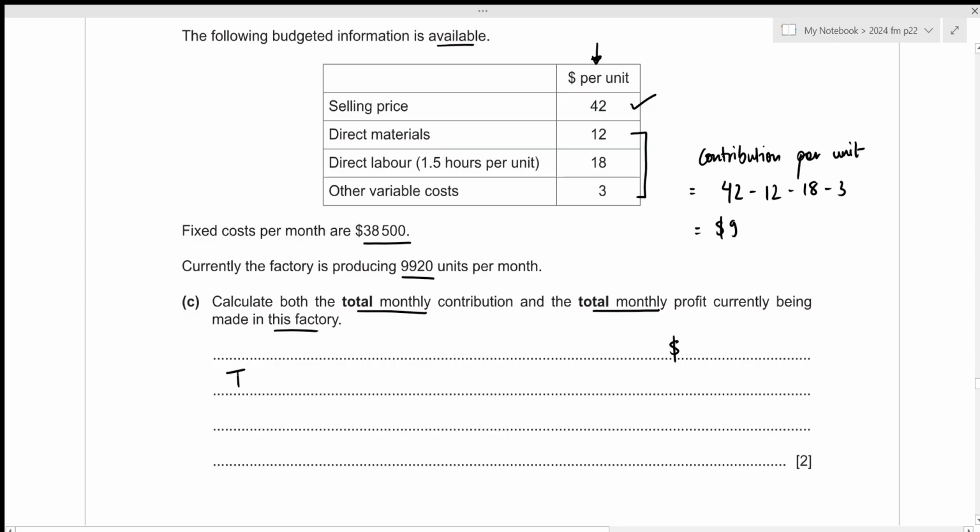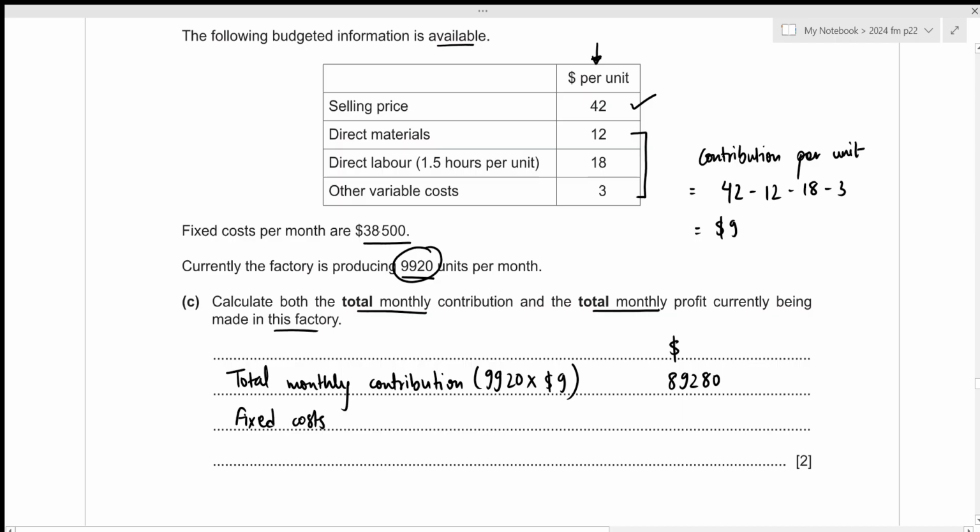Now the total monthly contribution is just going to be the units per month, which in this case is 9,920, multiplied by the contribution per unit of 9. So the total monthly contribution is going to be 89,280. Now in order to get the total monthly profit, we just need to subtract the fixed costs.